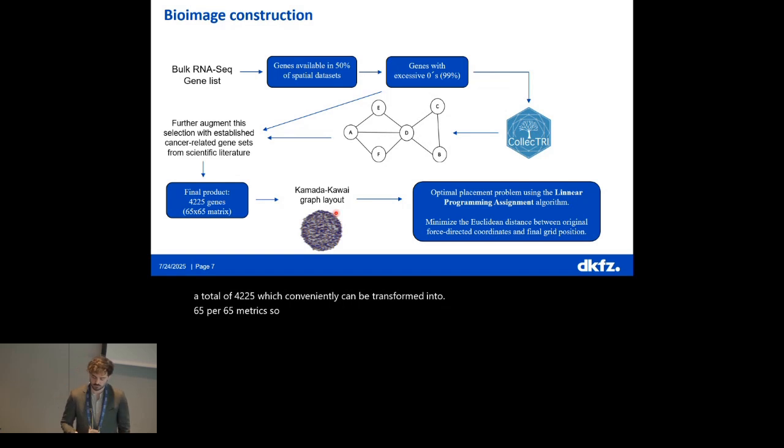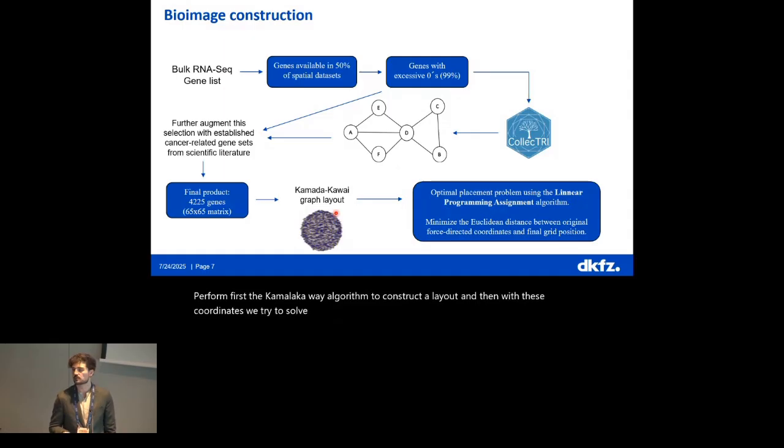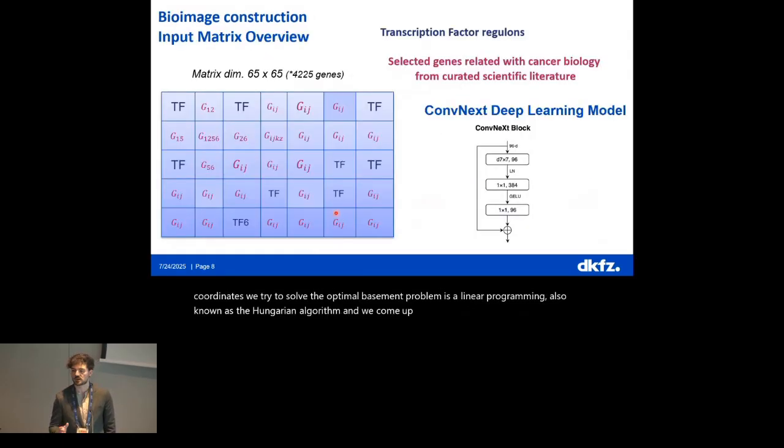To do that, we first perform the Kamada-Kawai algorithm to construct a layout. And then with these coordinates, we try to solve the optimal placement problem using linear programming, also known as the Hungarian algorithm. And we come up with a template that we can use individually per sample.